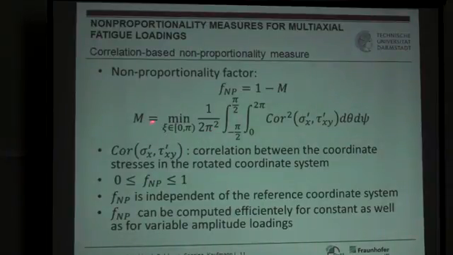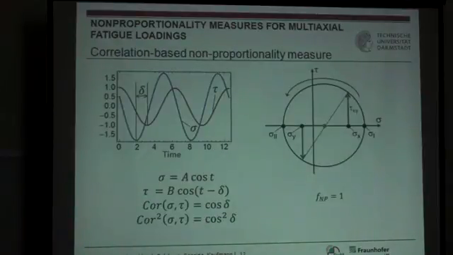The position of the coordinate system is given by three angles, and we integrate over two of them and minimize over the third one. This value lies somewhere between 0 and 1, in some reference coordinate system. It can also be computed efficiently for different kinds of loadings and also for simple loadings.